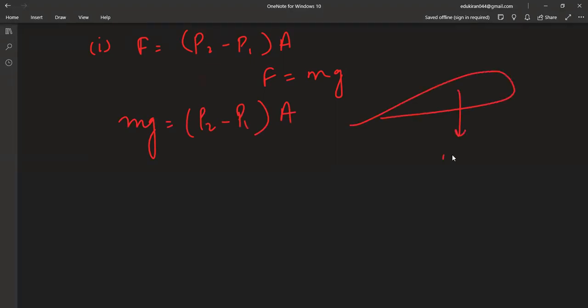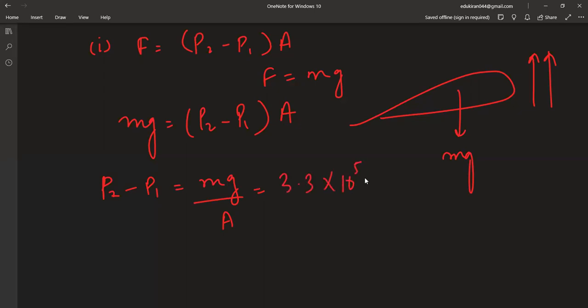Basically, gravitational force is pulling it down, but the pressure force is pulling it up. That's why this is stable. Understood? Now see, what is P2 minus P1 equal to? P2 minus P1 is equal to mg divided by the area. So this is 3.3 into 10 to the power 5 into 10, divided by area, which is 500.